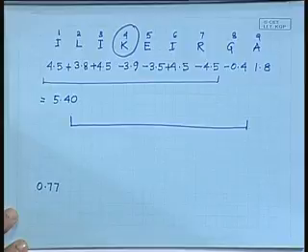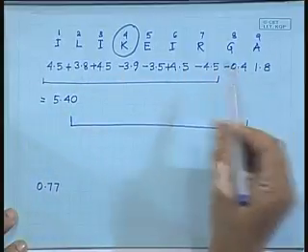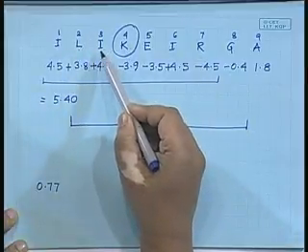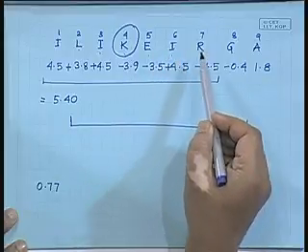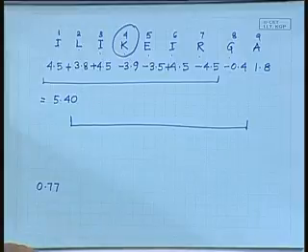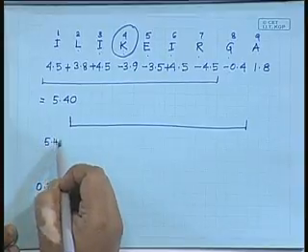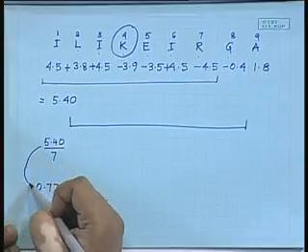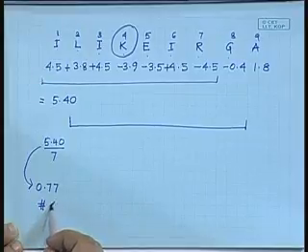When I go from 2 to 8, I have to add all these numbers from leucine, isoleucine, lysine, glutamic acid, isoleucine, arginine and glycine together. And then I have to divide by 7 again. So, 5.40 divided by 7 gave me this, that is assigned to the central residue, residue number 4.